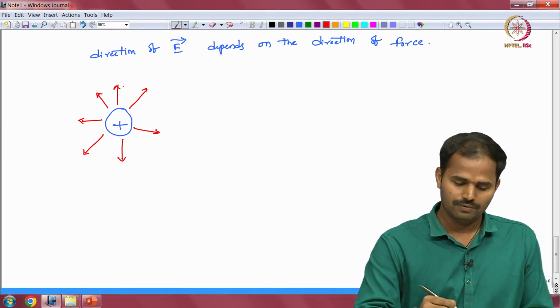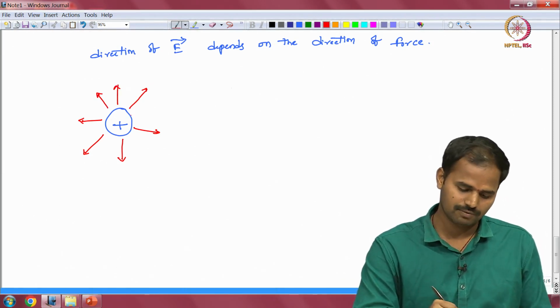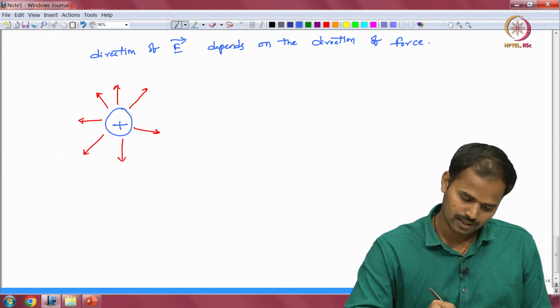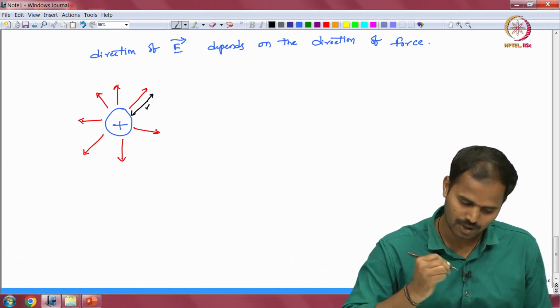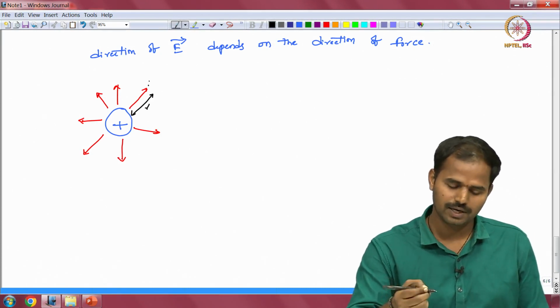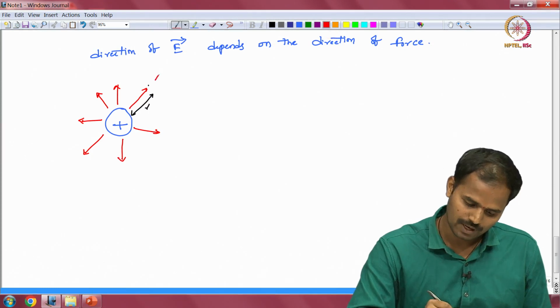If we consider a certain distance, from here to here the distance is small r. After this point the distance is increasing, so the force magnitude will come down.